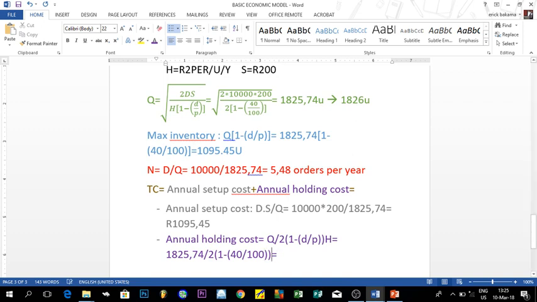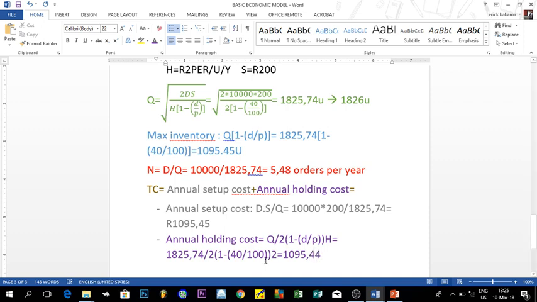The value of h is 2 rand. So we replace everything: 1825.74 divided by 2, multiplied by 1 minus 40 divided by 100, and then we multiply by 2, which is our h.